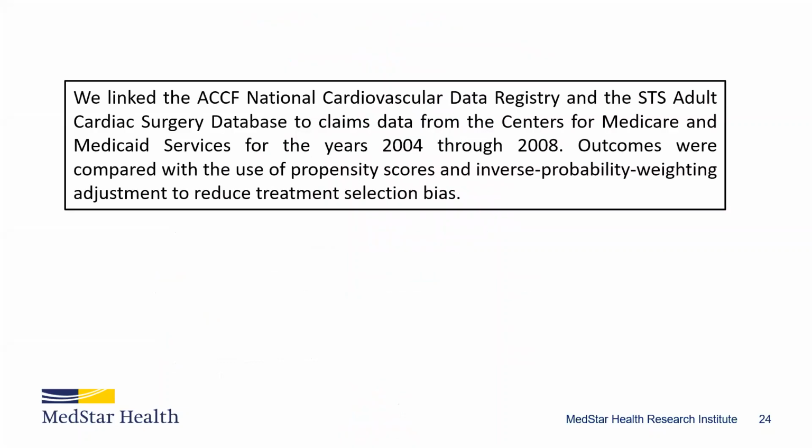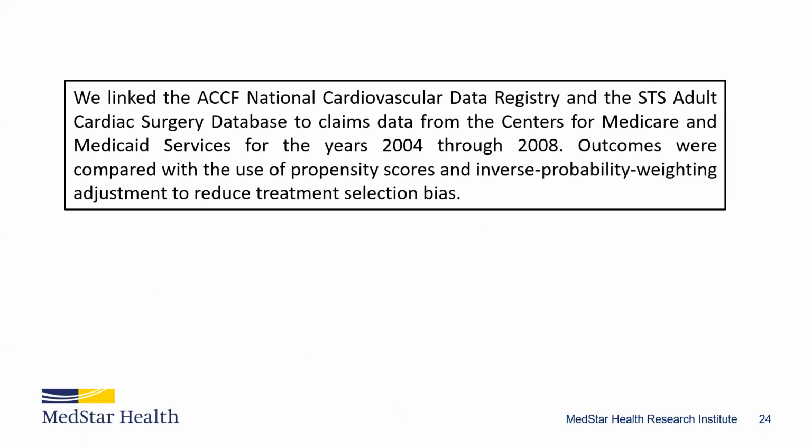So it linked two different data registries, the ACC National Cardiovascular Data Registry, that's the American College of Cardiology, which would be the PCI patients, and then the Society for Thoracic Surgeons Adult Cardiac Surgery Database, which would be the CABG patients.